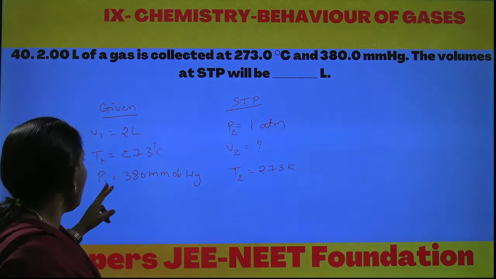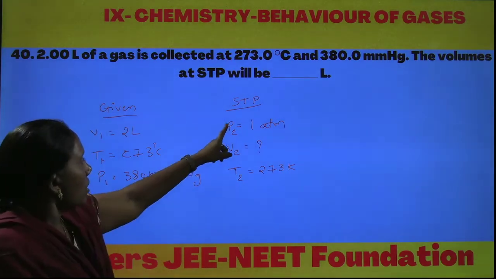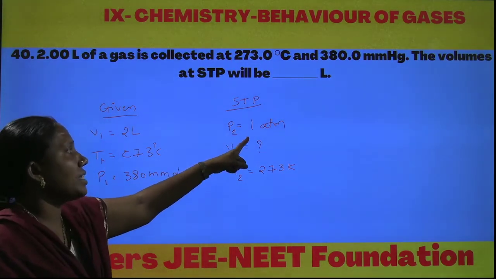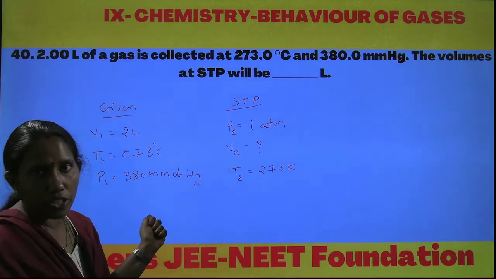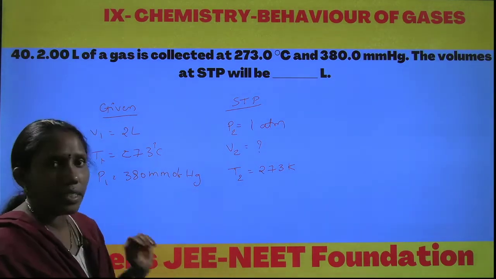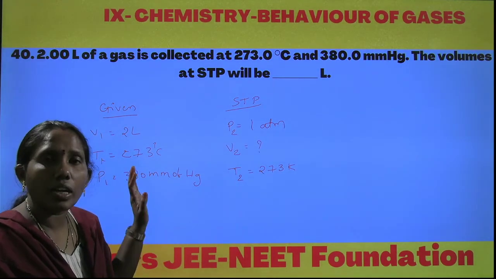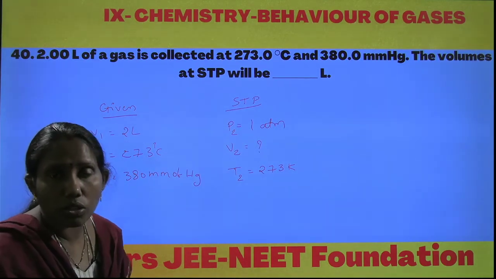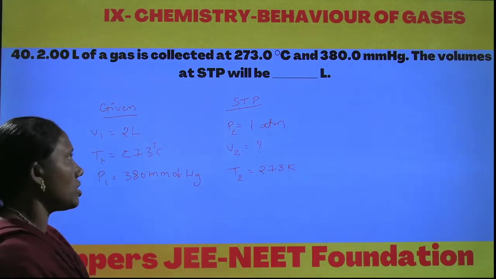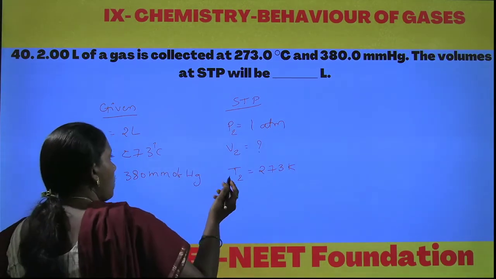So P1 V1 T1, P2 V2 T2. But here we have taken pressure in atmospheres, while here the pressure is given in mm of Hg. You have to maintain the same units. Either you convert into atmospheres, or you convert atmospheres into mm of Hg. 1 atmosphere equals 760 mm of Hg. Let's convert this P2 into 760 mm of Hg.